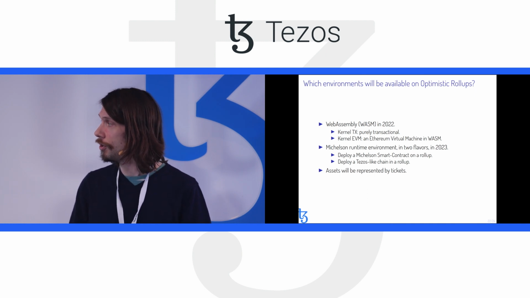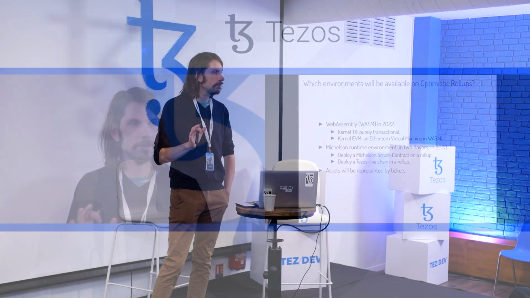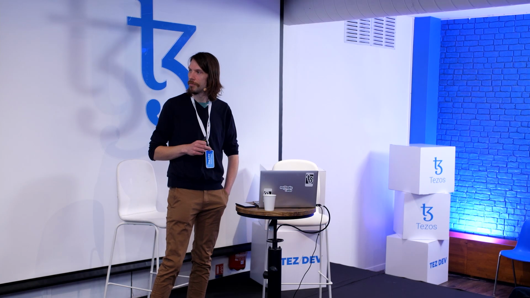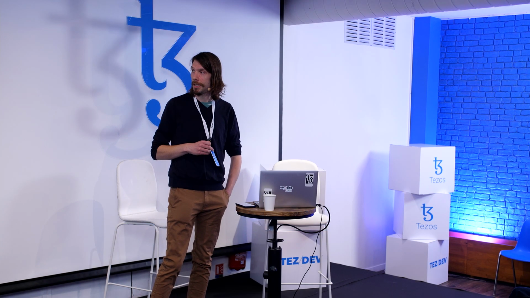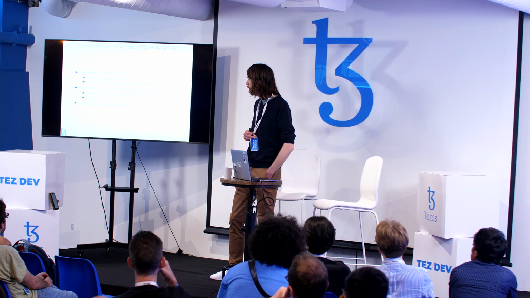We are starting a work stream now to take an implementation of the EVM virtual machine, compile it to WASM, and run it inside one of these rollups. And there are also plans for a Michelson runtime environment, probably in 2023. And there are, like Artur said this morning, 2 ways you can do this.